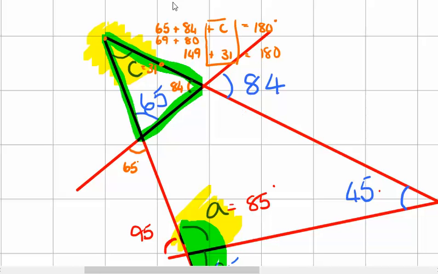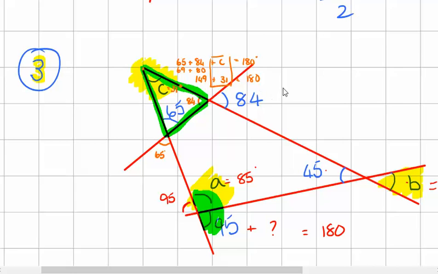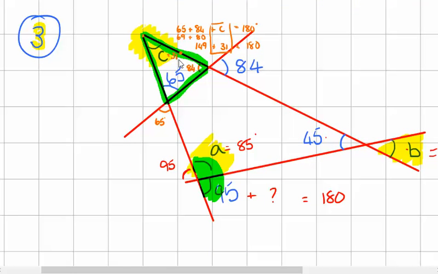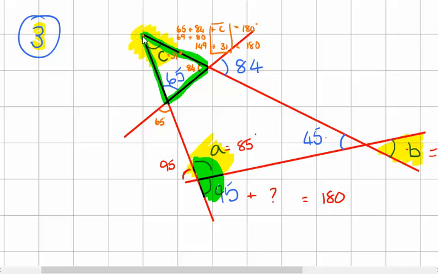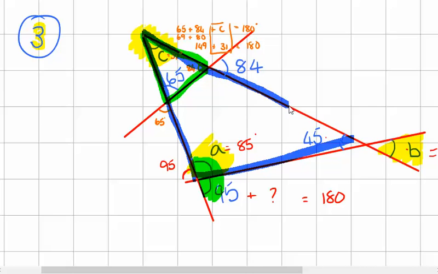Here's a good little extension actually. We should be able to test our answers are correct. Because what if I actually look at this triangle? Now it's a big triangle. What should happen with the angles in this triangle? Again, they should add up to 180.